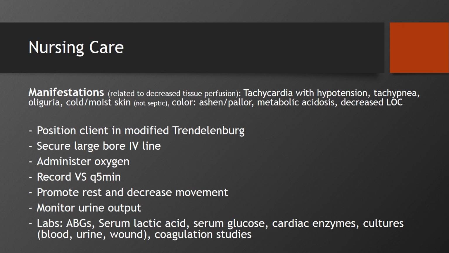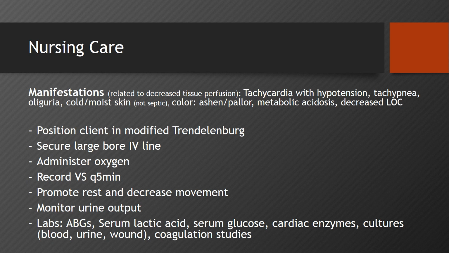With cardiogenic shock, you may see cyanosis, because again, their heart is not adequately pumping oxygenated blood. So that's going to mean all the other tissues are not being oxygenated. So you're going to see cyanosis, along with hypoxia. Metabolic acidosis.